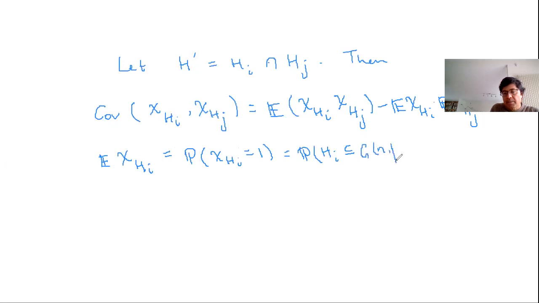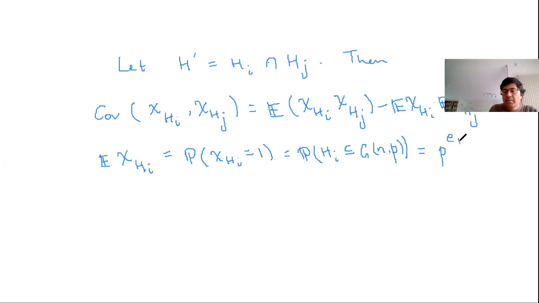Hi contains EH edges. That was the notation for the number of edges in H. Each edge is present with probability P independent of the others. So the probability that EH edges are present is P to the EH.